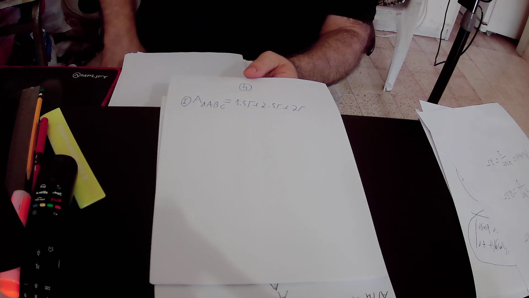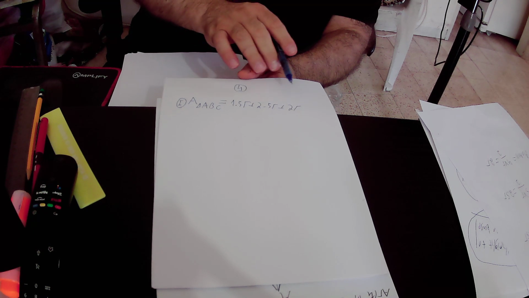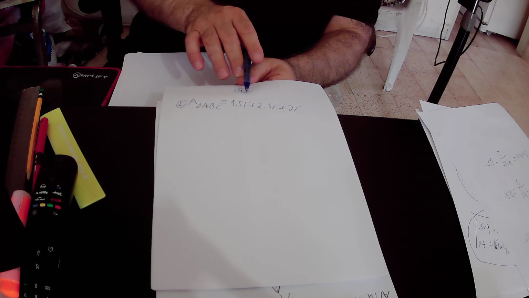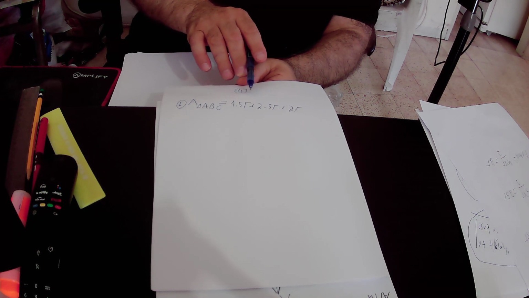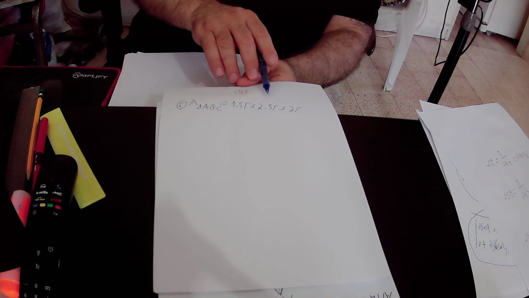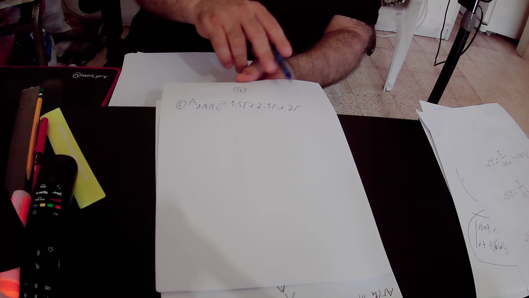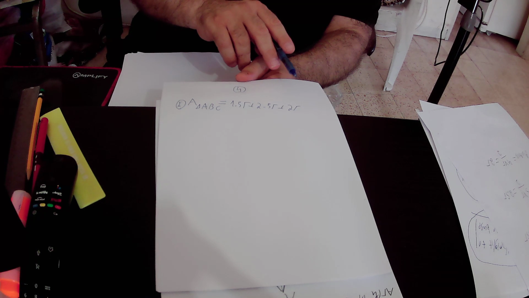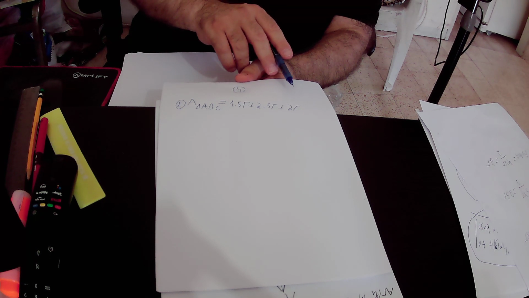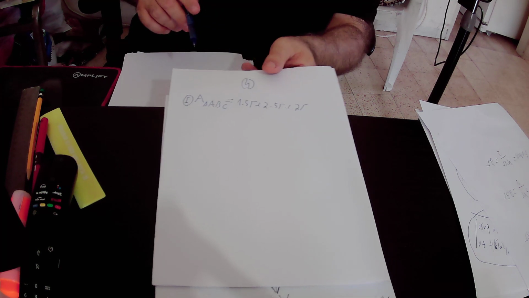Okay, and we can summarize this side of the equation. 1.5 times the radius plus 2.5 times the radius equals 4 times the radius of the circle, and 4 times the radius of the circle plus 2 times the radius of the circle equals 6 times the radius of the circle. Okay, so I will write it down.